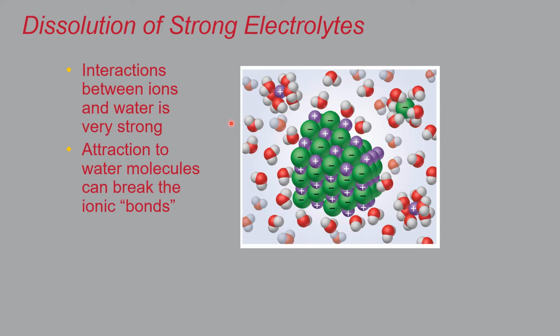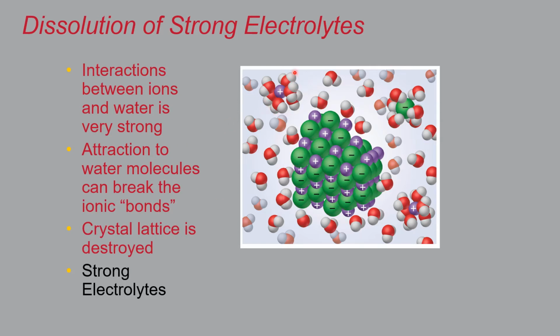And so the ionic bonds are, again, in quotes, broken. The lattice is destroyed, and these groupings of the ions and the water molecules are free to move around the solution, so now we have mobile charge carriers, and this is why the solution is conductive.